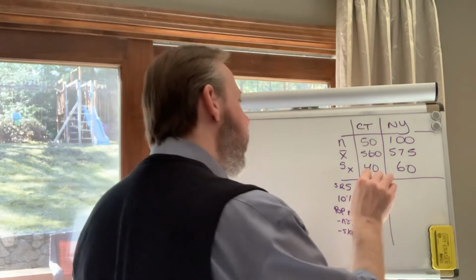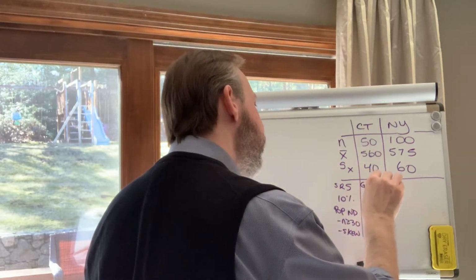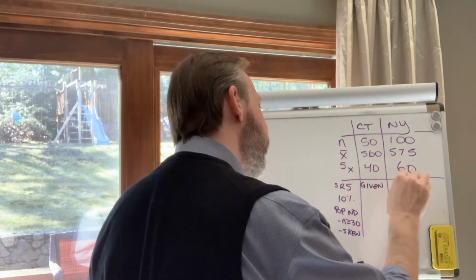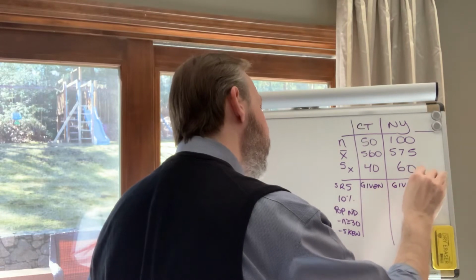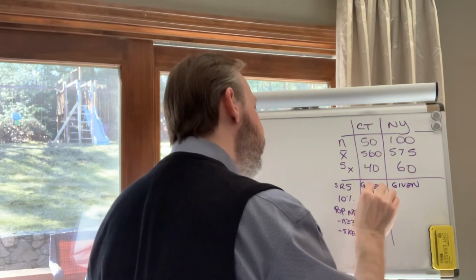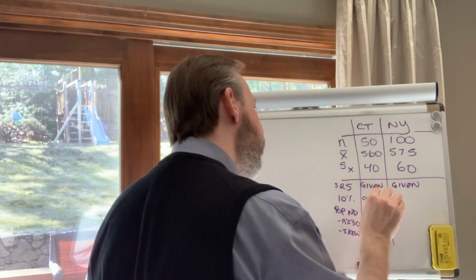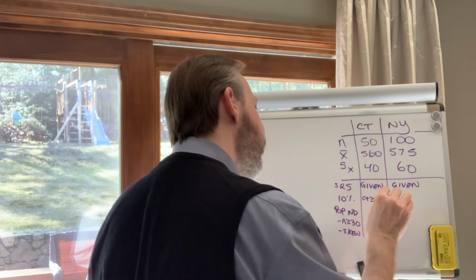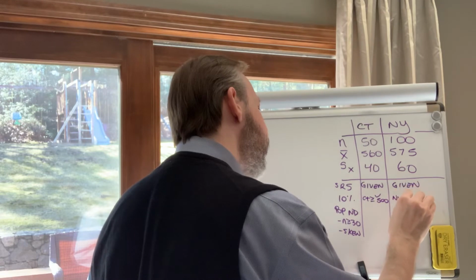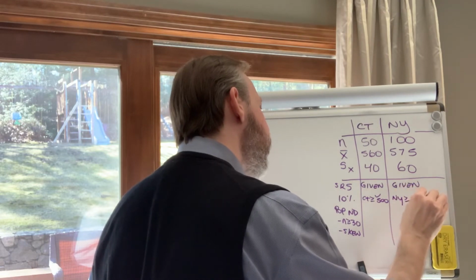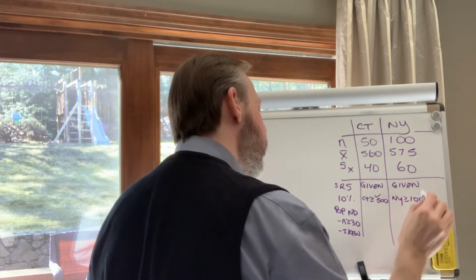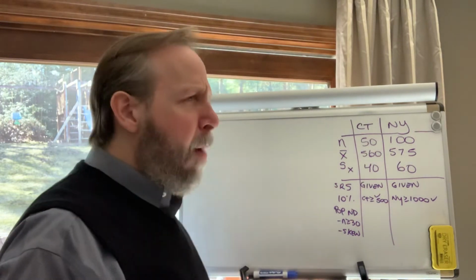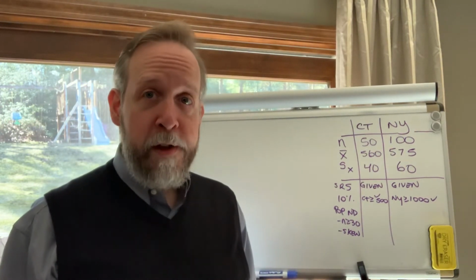Was it an SRS? Well, I did say it was an SRS, or I at least said it was randomly drawn. 10% rule. Do you think that Connecticut residents number more than 500? Obviously. Do New York residents number more than 1,000? Obviously. Was the population given as normally distributed?